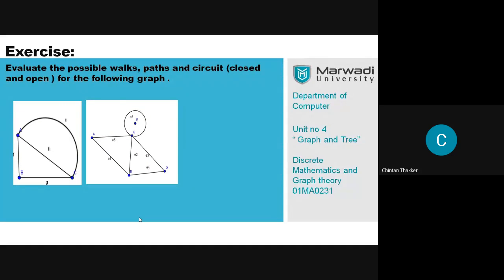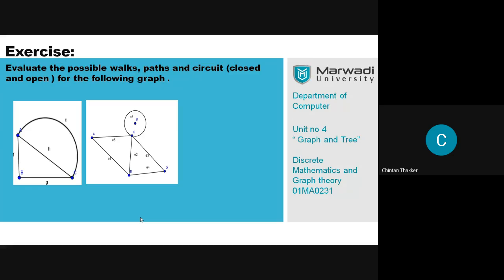Okay, Pranav. Yes, Pranav has the right answer. E5, E2, E4. Then Pooja, E5, E3. Pooja, you have written the path between A to B. I am saying A to D of length 3.